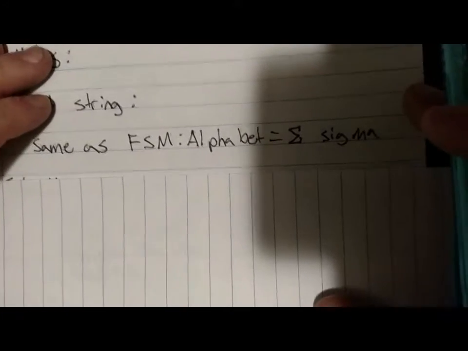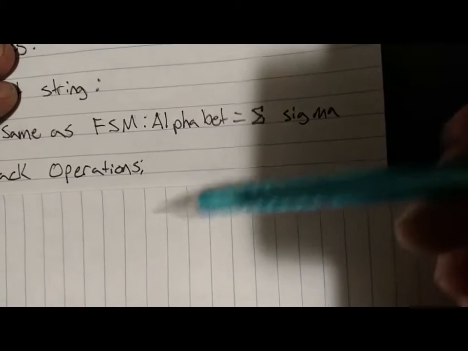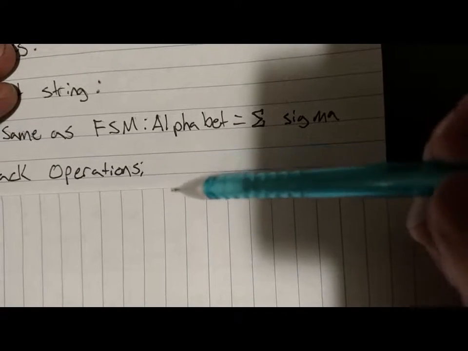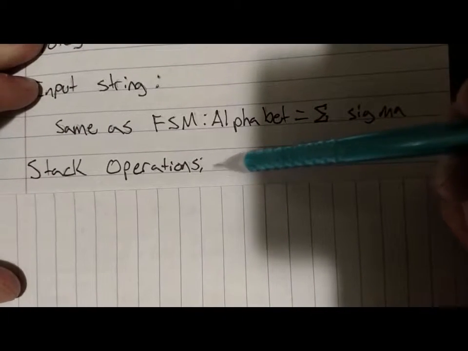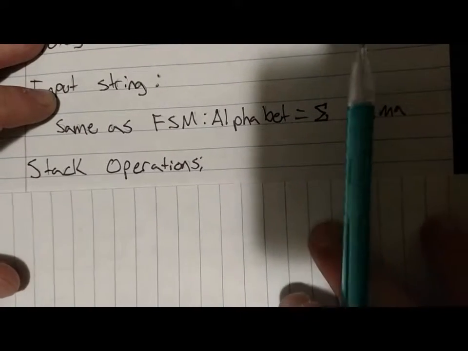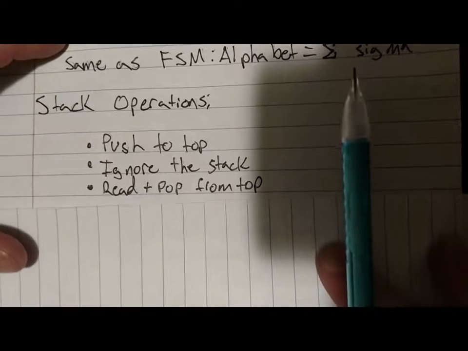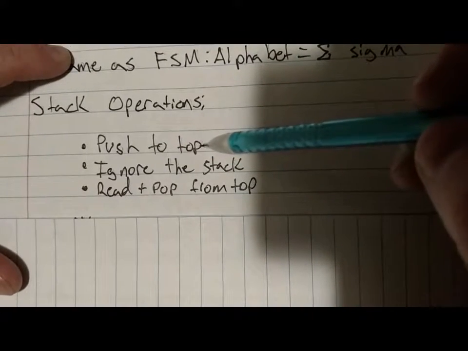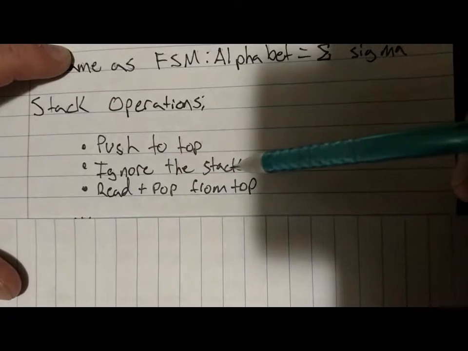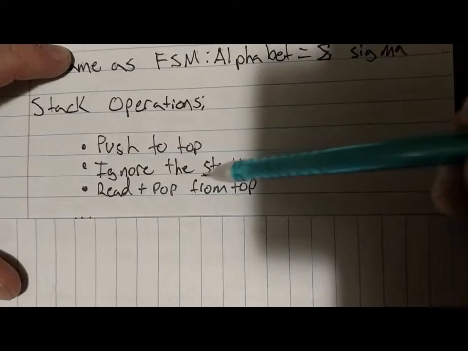And now our new element or structure, if you want to call it, is the stack. Now the stack works just the same as a programming language stack would, but with a few special rules involved. First of all, we can push to the top of the stack, we can ignore the stack completely, and we can read and pop from the top of the stack.